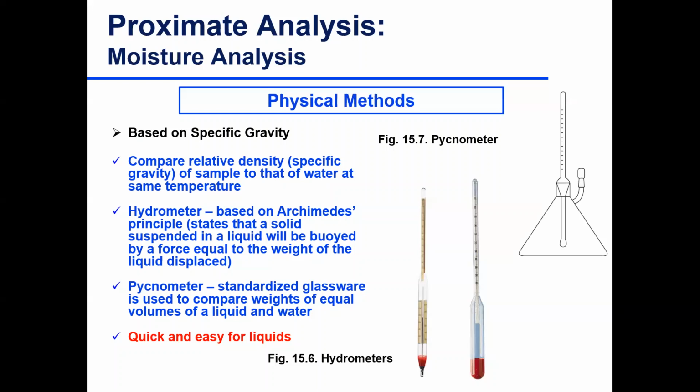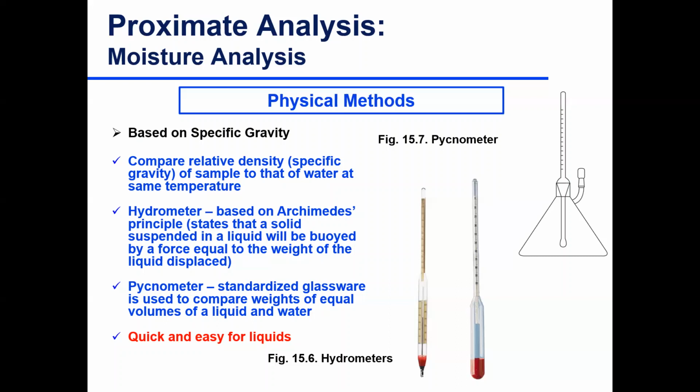Compare specific gravity to that of water at the same temperature. Archimedes' principle: a solid in a liquid will be buoyed by a force, which is the weight of the liquid displaced. So it basically depends upon the density or specific gravity of the solution.